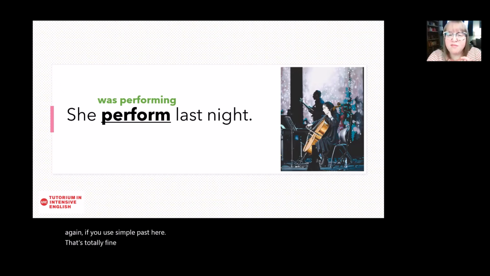They both have the same meaning, but maybe they paint a different picture. Maybe they describe reality in a different way. Because using past continuous, that makes our brains think of, again, the longer process of something happening. But both are grammatically just fine.